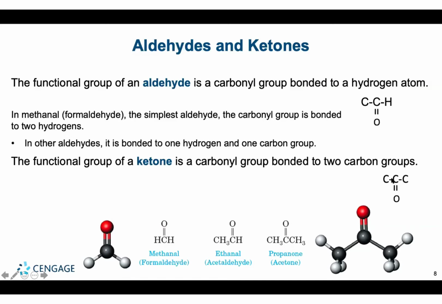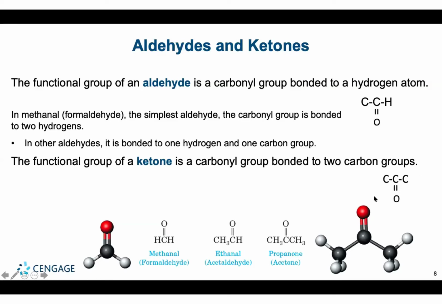You can see that from both sides it is attached to carbon, so this all together is the ketone functional group. We show a ketone by a C double bond O and two carbons attached to the two sides of the carbonyl group.